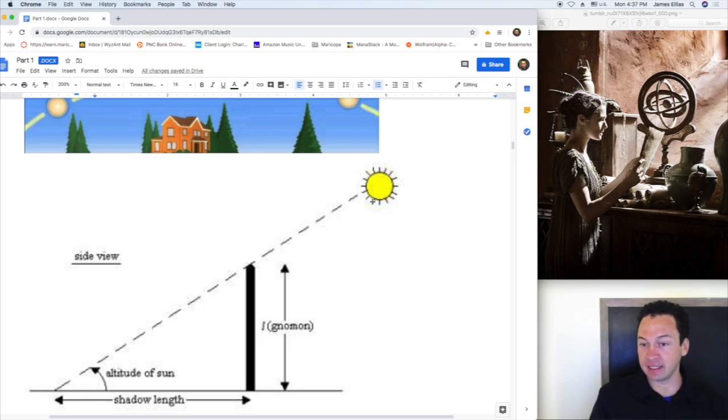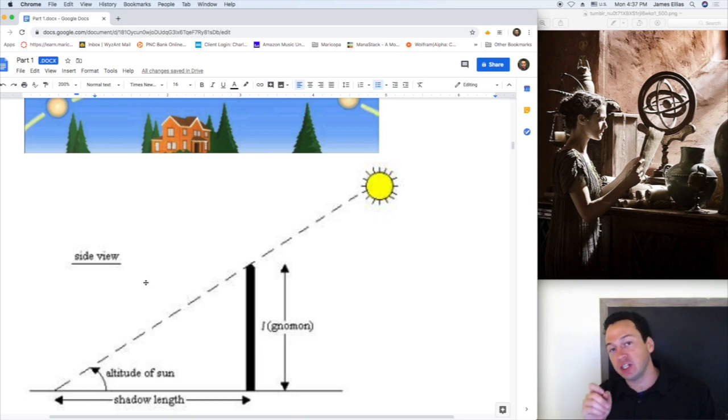Basically, the longer this shadow is, the lower the sun is in the sky. If the sun is completely overhead, which happens in some places on the earth but doesn't happen in Greece, the shadow will, of course, be nothing. But like I said, that doesn't happen in Greece.